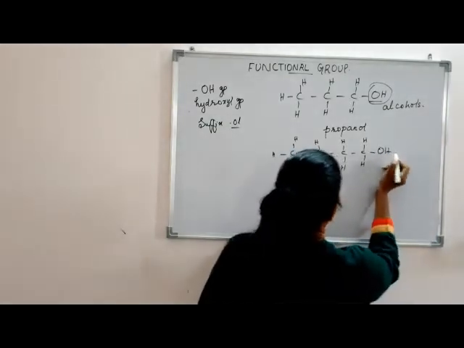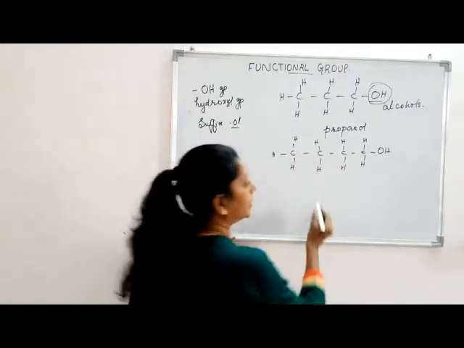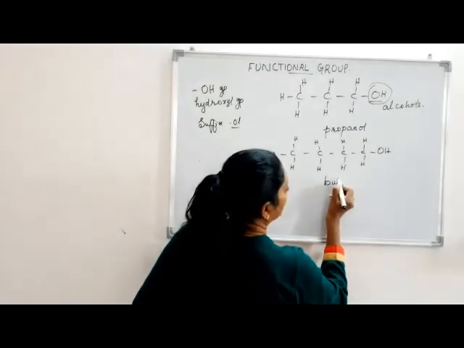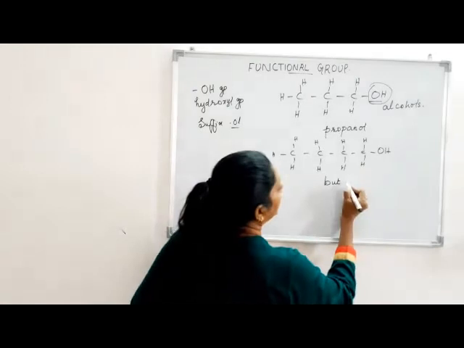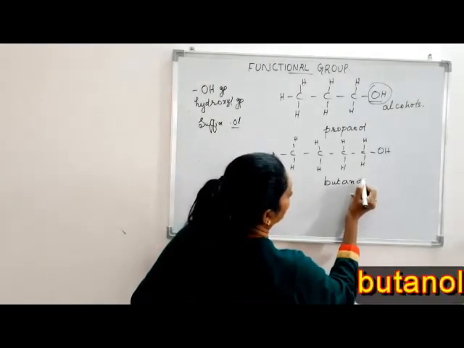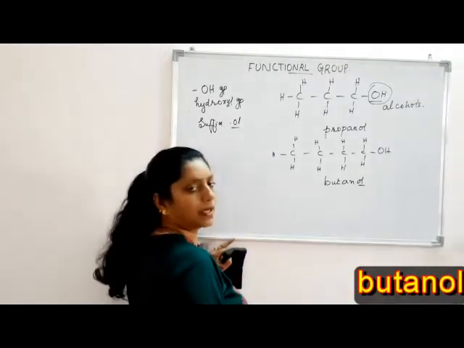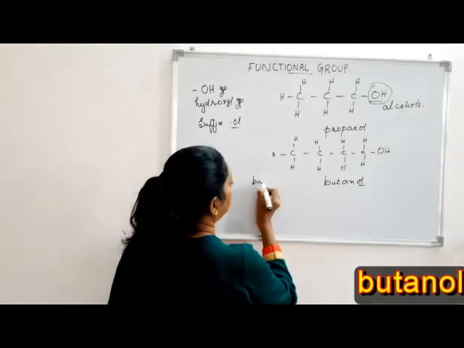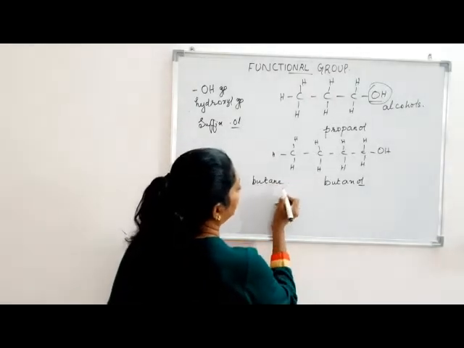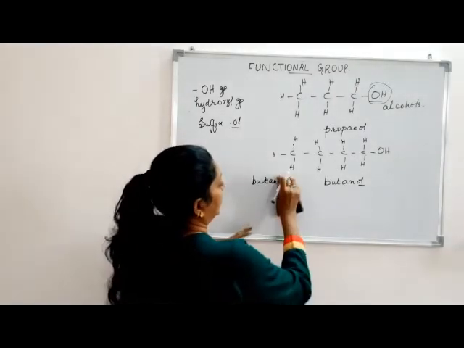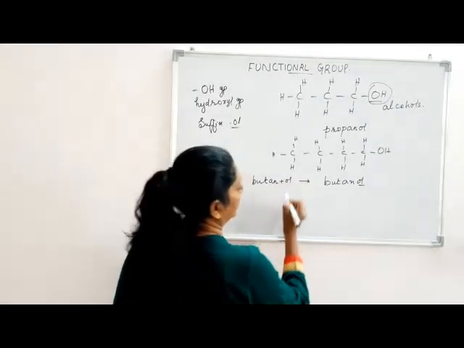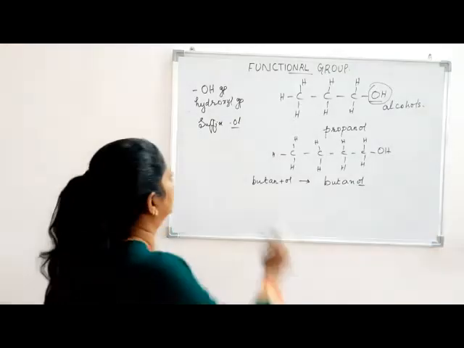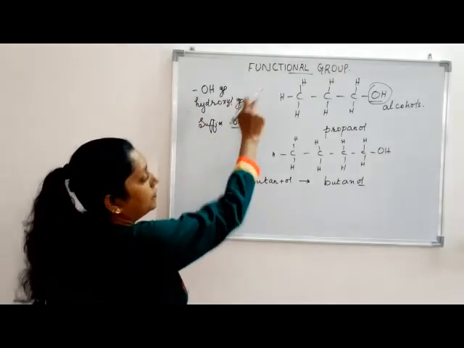Since it contains 4 carbon atoms, butane is the root word, and here it is butanol, ol. Okay, butanol, because in butane we are dropping the E and adding ol. So here OH group acts as the functional group.